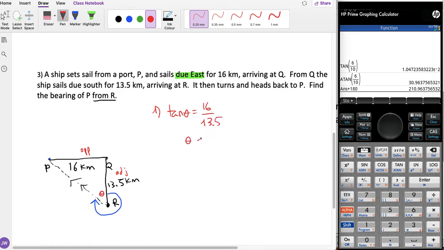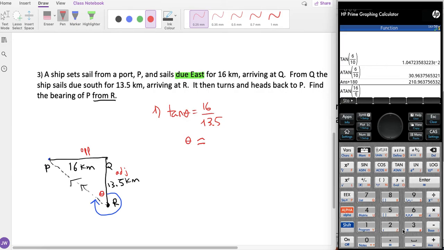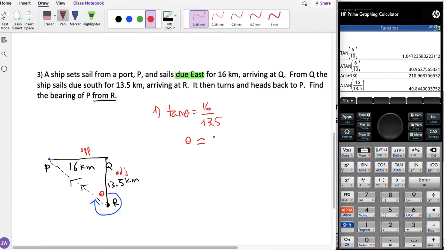Now very carefully, we are going to use arctan, and we're getting 49.84 degrees.